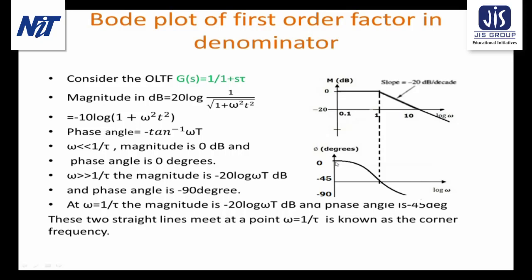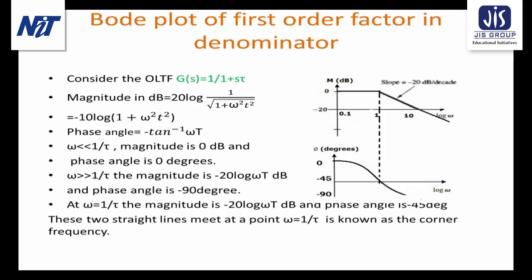Now omega starts to increase. So what will happen if omega is greater than 1? That is the high frequency portion. When omega t is greater than 1, or omega is greater than 1 by tau, then the magnitude is minus 20 log omega t.